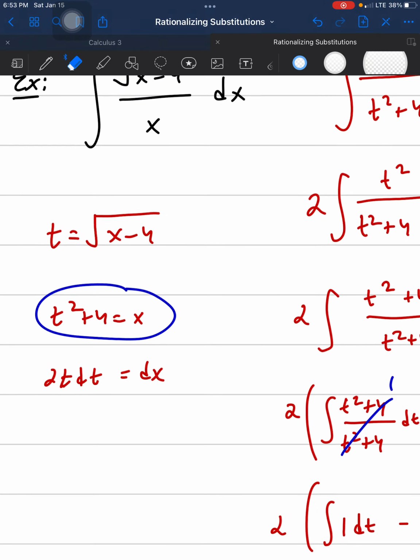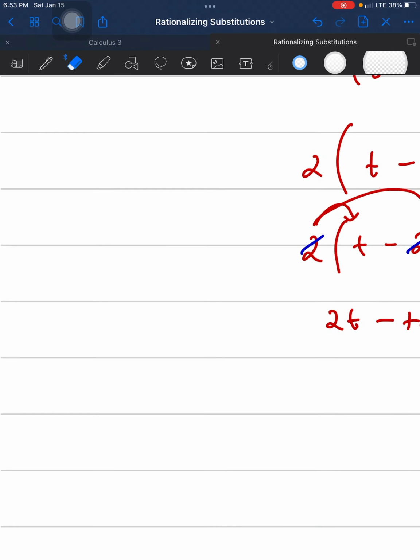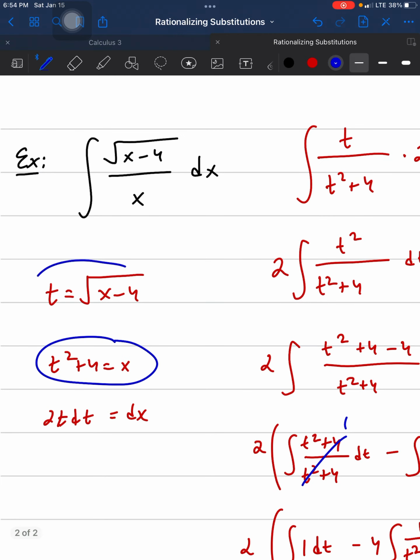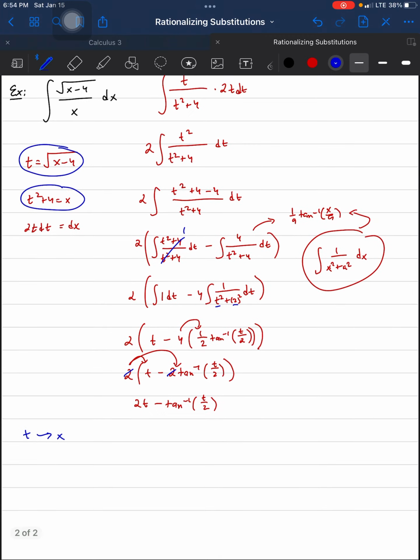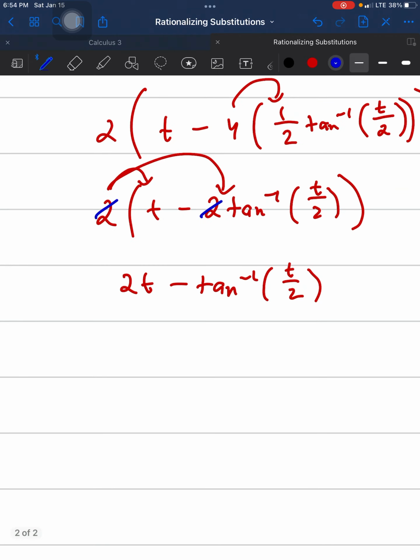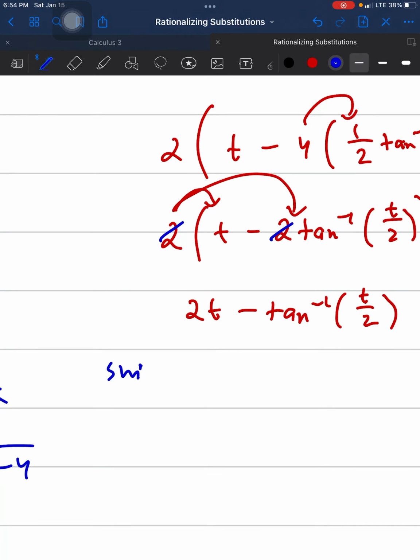We need to go from t to x, and we substituted radical x minus 4 for t. So we use t is equal to radical x minus 4. So let's do that. Let's switch back to x.